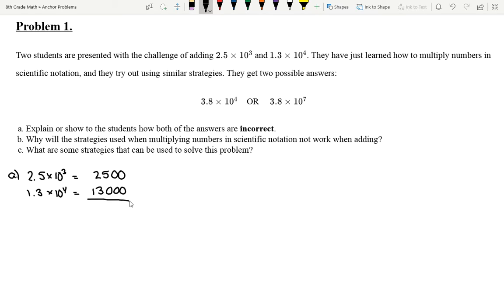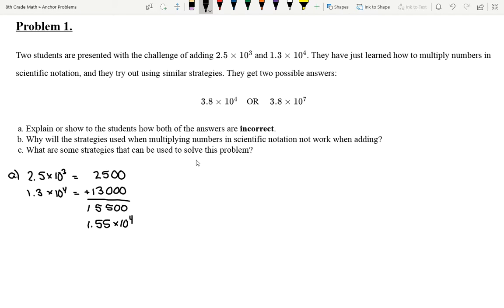And when you add these two up, you get 15,500. Now, 15,500 is actually 1.55 times 10 to the fourth. And so just by converting from scientific to standard notation, and then going back from standard to scientific, we can show that these are not correct.